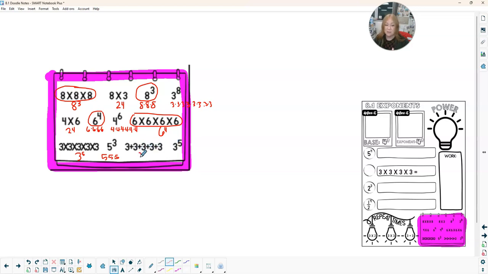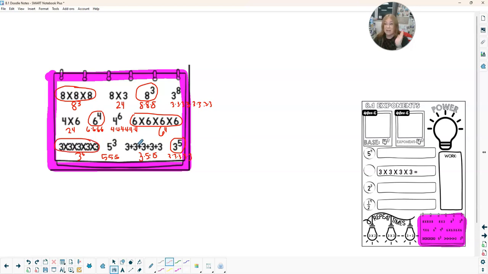This is 3 times 5 is 15. This is just adding. This is skip counting. 3, 6, 9, 12, 15. And 3 to the 5th, 3, 2, 3, 4, 5. Oh, 3 to the 5th. This one and this one are the same thing.